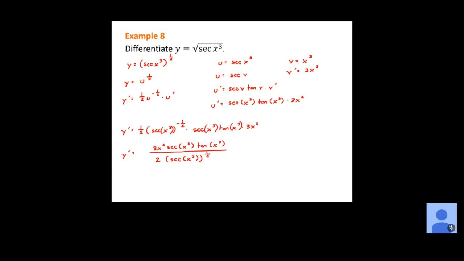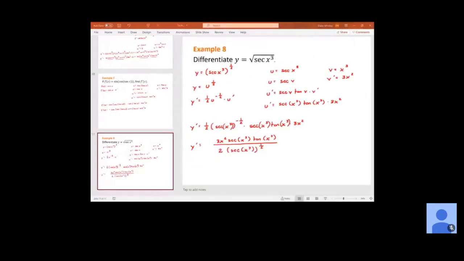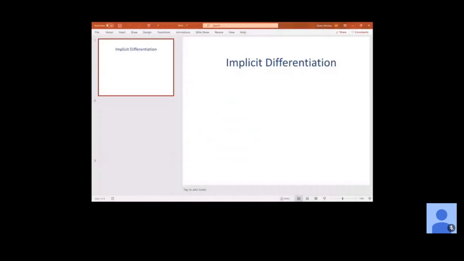All right, so that's all we've got for that section. So that was 2.5. So we're going to move on to 2.6 now. All right, so 2.6, this is what we call implicit differentiation.